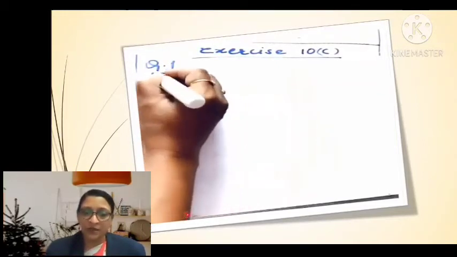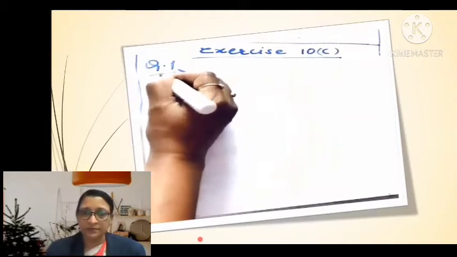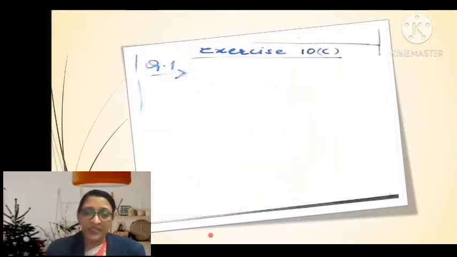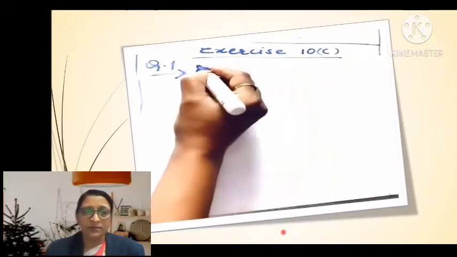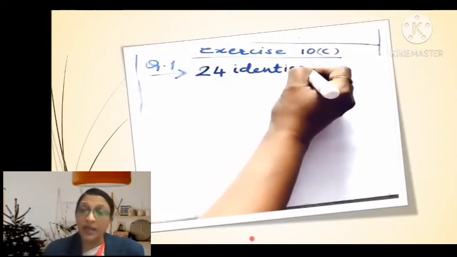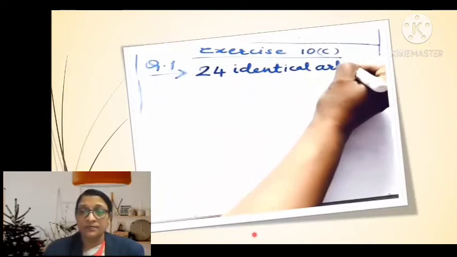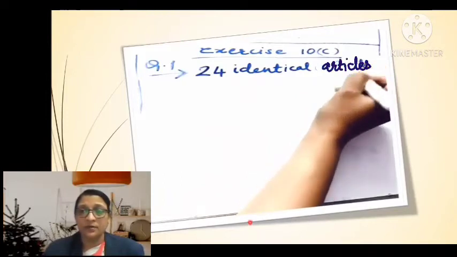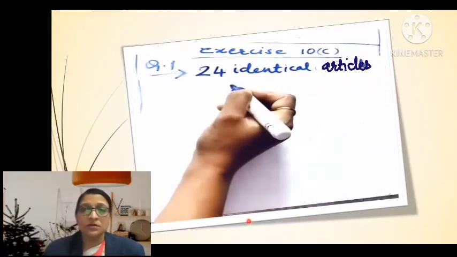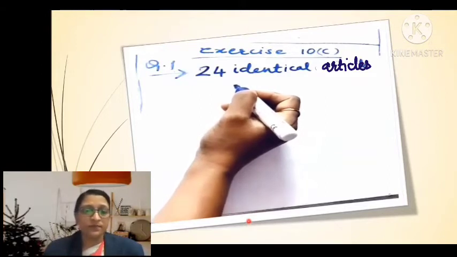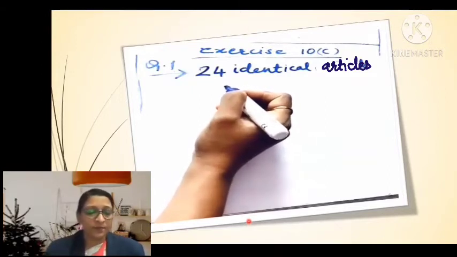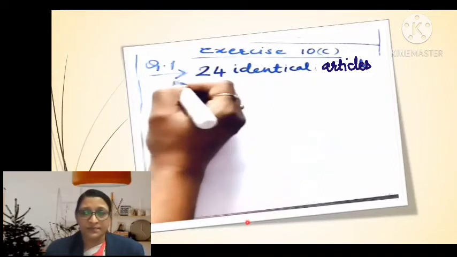So let's turn to the solution. As per given, we can write down here 24 identical articles cost rupees 108.